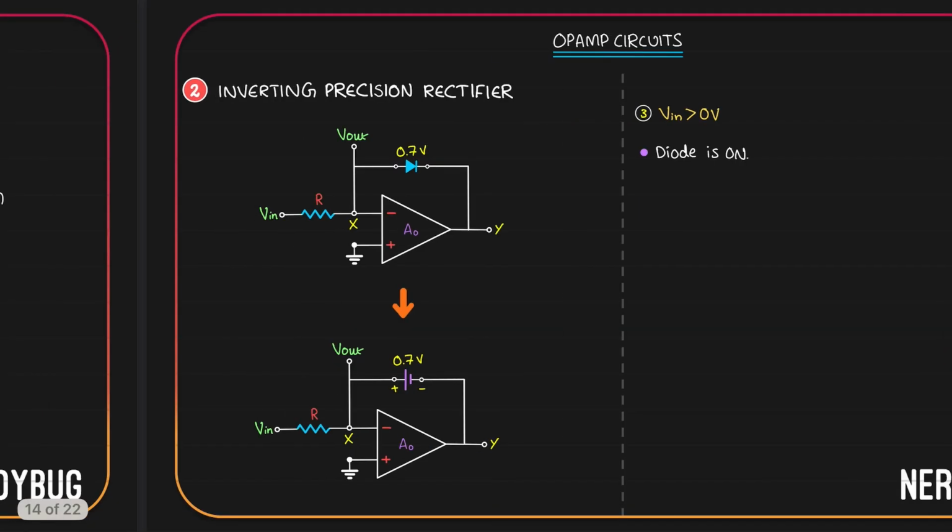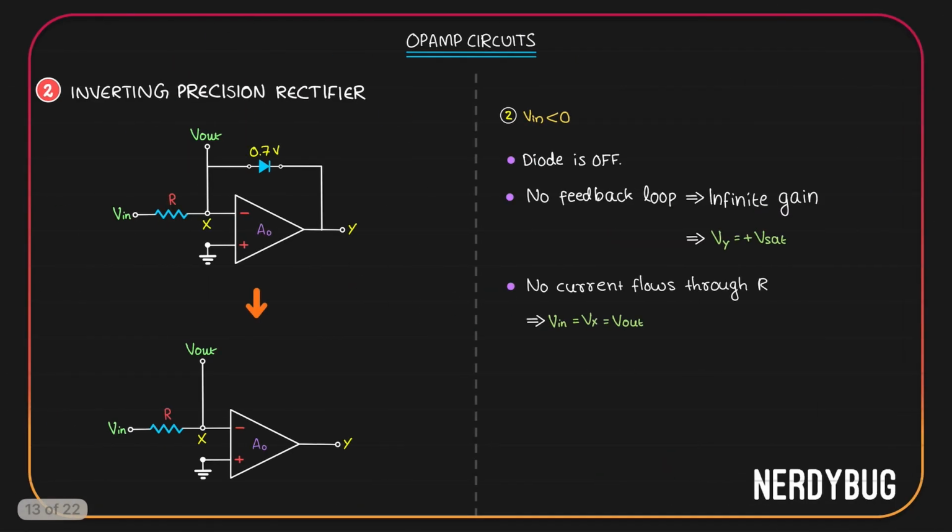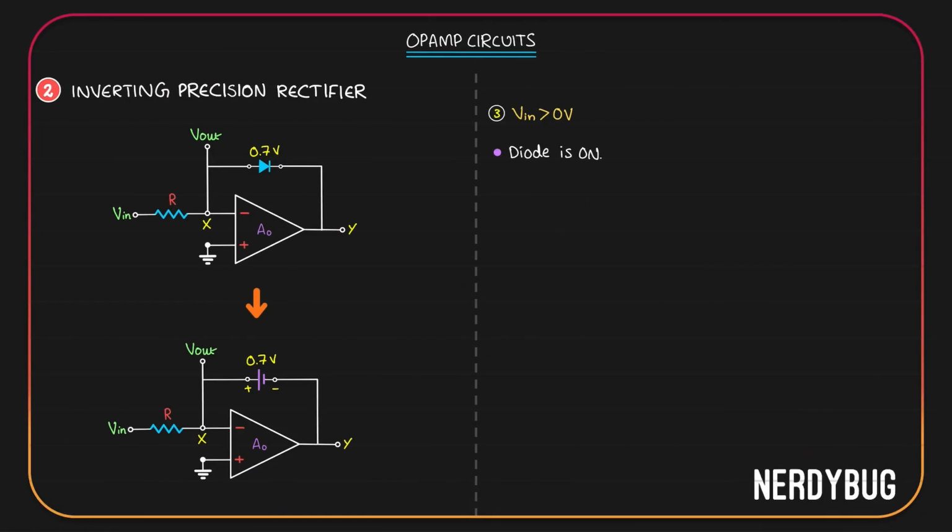If you remember, in the earlier case, no current was flowing through R, so no potential dropped across R. All of V in came at X. But now it won't happen. Op-amp will make sure that current will flow through R, such that all of input will drop across R and potential at X will become 0.